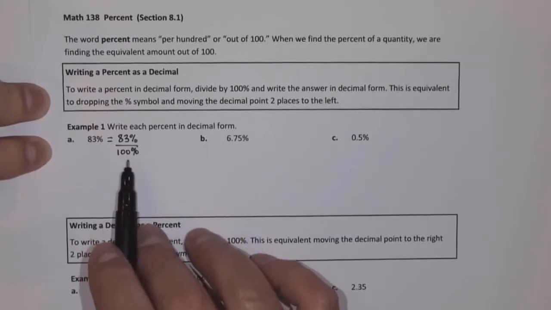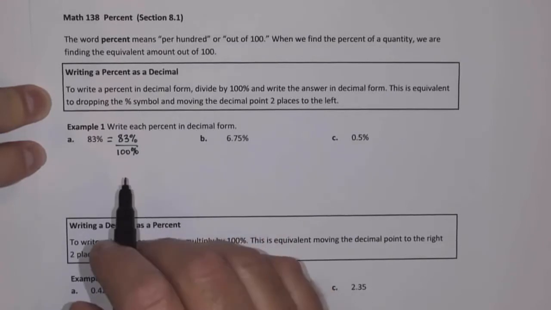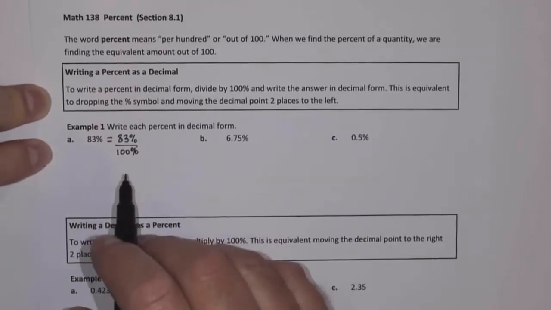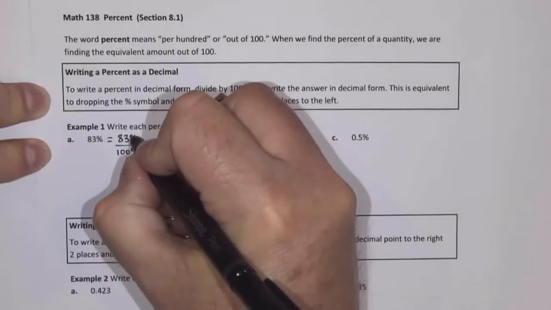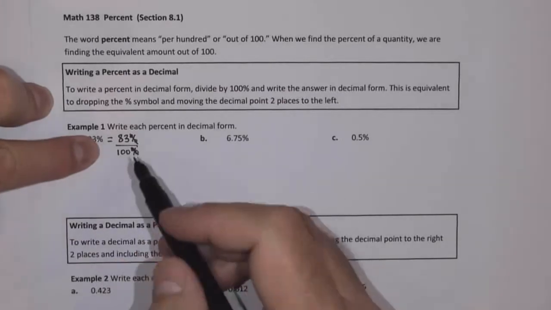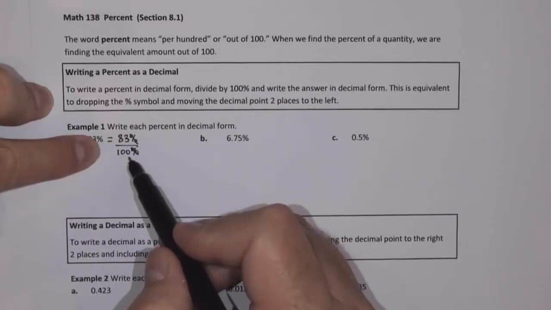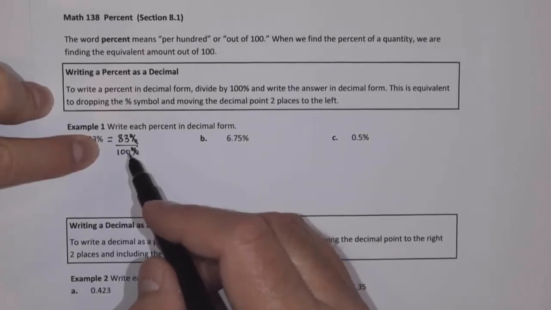So we're dividing by 1, really, which is giving us an equivalent quantity. So when we divide by 100%, the percent symbol will divide out, and we're left with 83 divided by 100, and when we divide by 100, all that happens is the decimal point moves 2 places to the left.